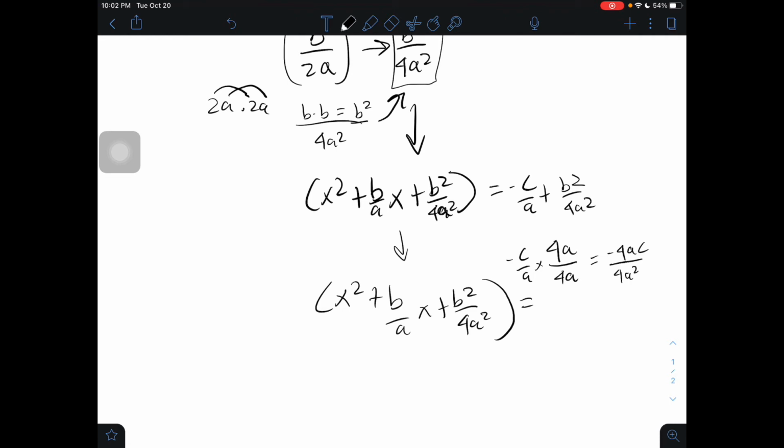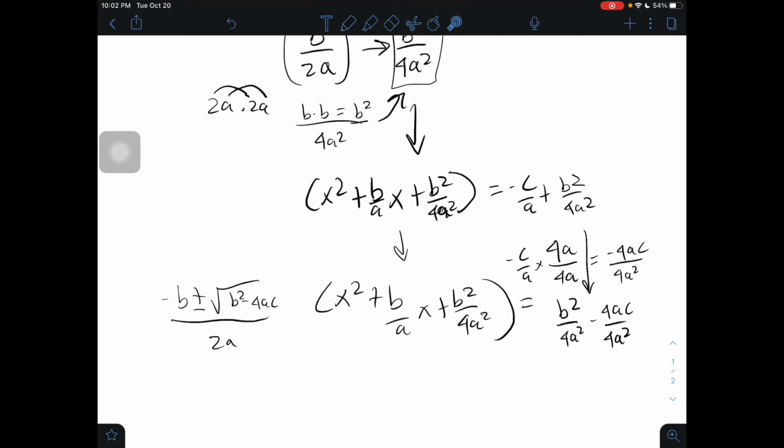Just to rewrite our right side, we are left with b squared over 4a squared minus 4ac over 4a squared. If you remember what the quadratic formula is, it's negative b plus or minus the square root of b squared minus 4ac all over 2a.